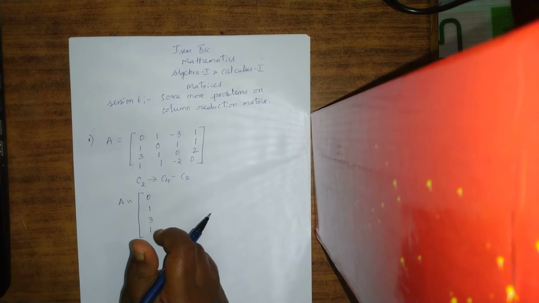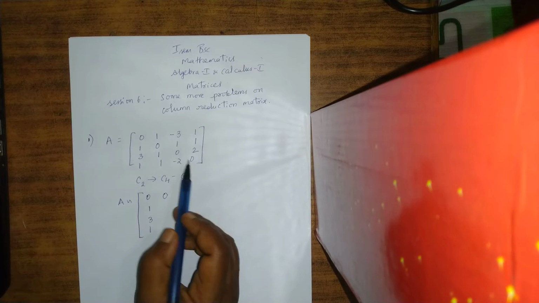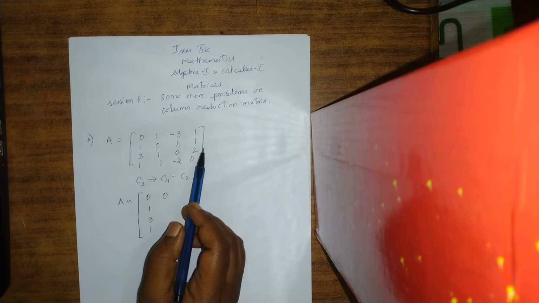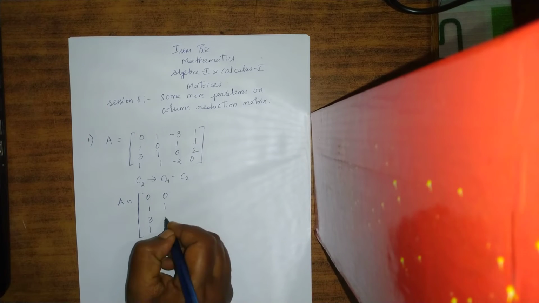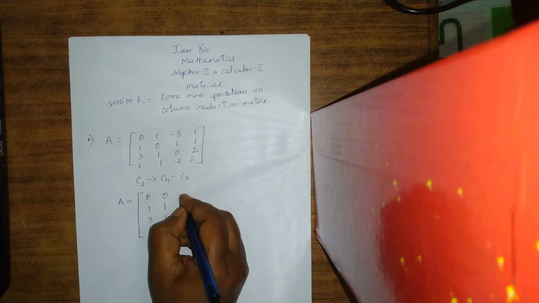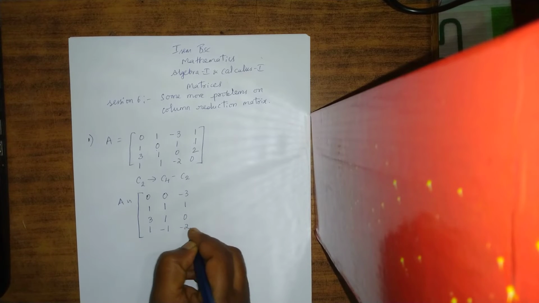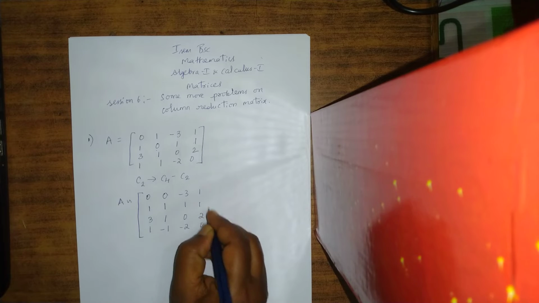Column 2 gets changed with respect to column 4: 1 minus 1 becomes 0, and so on. 1 minus 0 is 1, 2 minus 1 is 1 and 0 minus 1 becomes minus 1. All other elements remain as they are: the third column is minus 3, 1, 0, minus 2, and the fourth column is 1, 1, 2, 0.